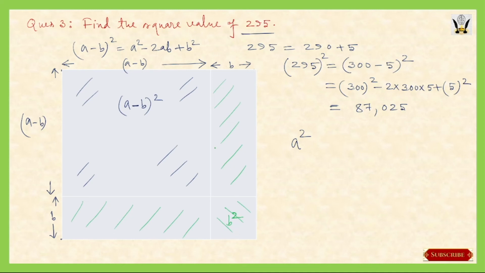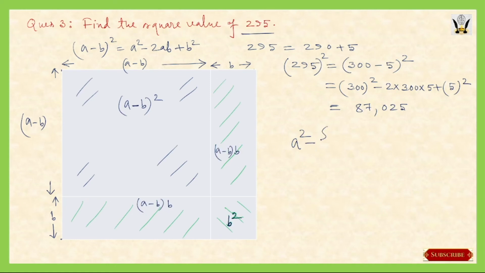But here the area will be changed. Here this side is B and this side is A minus B. So the area will be A minus B multiplied by B. And here also, the dimension of this side is A minus B, and the dimension of this side is B. So the area will be A minus B multiplied by B. That means from the total area, which is A square, we will subtract these three areas.